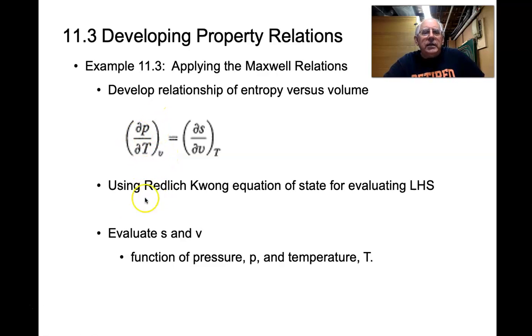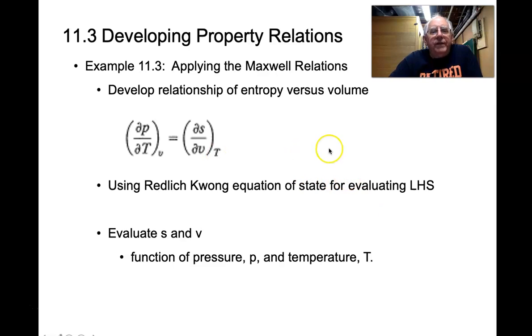And so they're asking in this particular problem, since the Redlich-Kwong equation of state was a complex equation for pressure, temperature, and volume, could you not use that Redlich-Kwong equation of state, obtain this partial, and then have it represent the change of entropy with respect to volume?